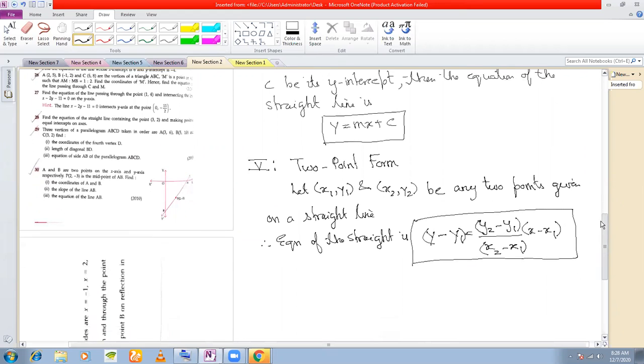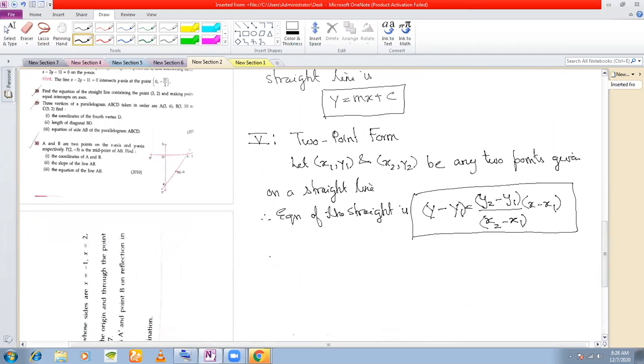Okay, next, not a standard form, but the general form of equation of a straight line. Now, before going to general form, I would like to discuss another thing. That is slope of a straight line if any 2 points are given.